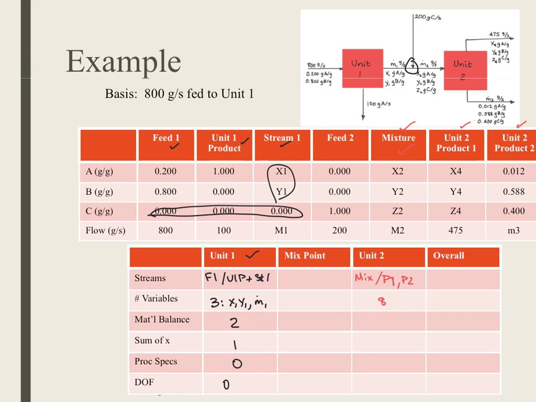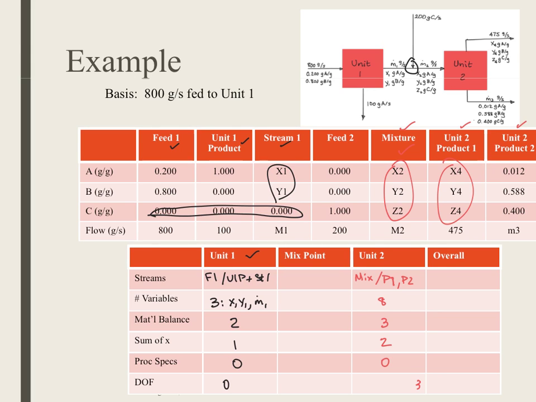I'm not going to list those. Now, how many material balances can I write this time? Well, I have all 3 components involved in Unit 2, so I can write 3. Sum of x's, I have one for this stream and one for this stream, so I can write 2. I have no process specs, but 8 minus 3 minus 2, oh wow, that leaves me with 3 degrees of freedom. Not really anxious to tackle that one, right?